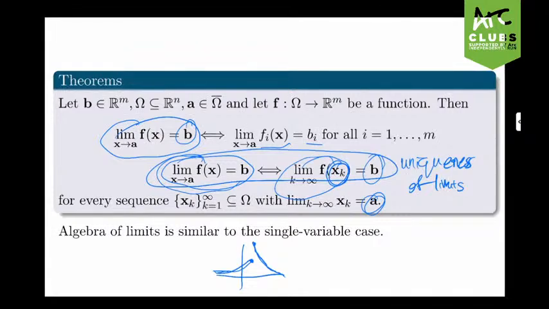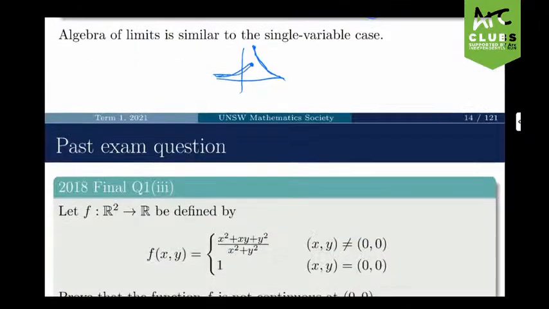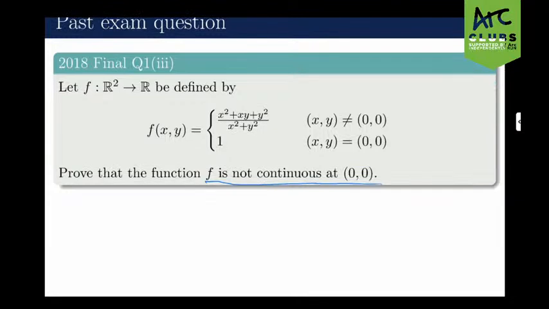If we say this is continuous at 0, 0, we are saying that the limit as x goes to 0, 0 is going to be 1, which is the same as the function value. A function is continuous if the limit is equal to the function value.